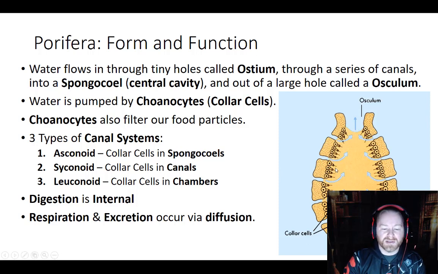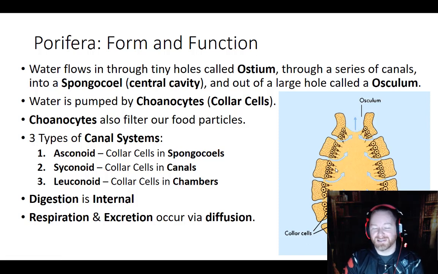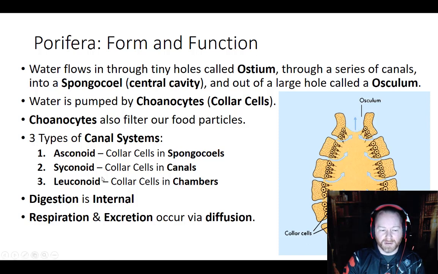And the leuconoids, they have chambers along those canals that lead to the spongocoel, and that's where you'll find their collar cells. So it has to do with their canal systems and where the choanocytes are within those canals.